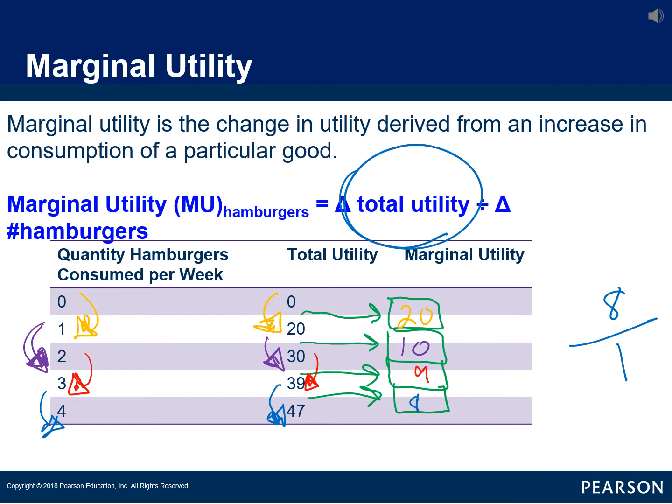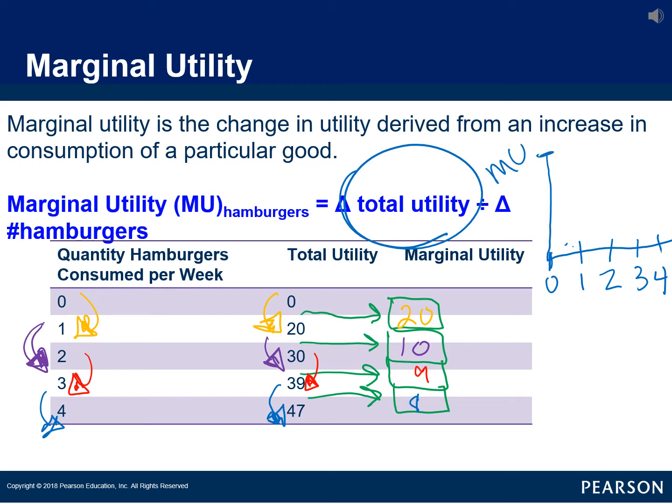So if we were going to graph our marginal utility curve based off of our hamburgers, we had 0, 1, 2, 3, and 4. And our marginal utility, if we were graphing that, between 0 and 1, we had 20. And then we went down to 10 between 1 and 2.